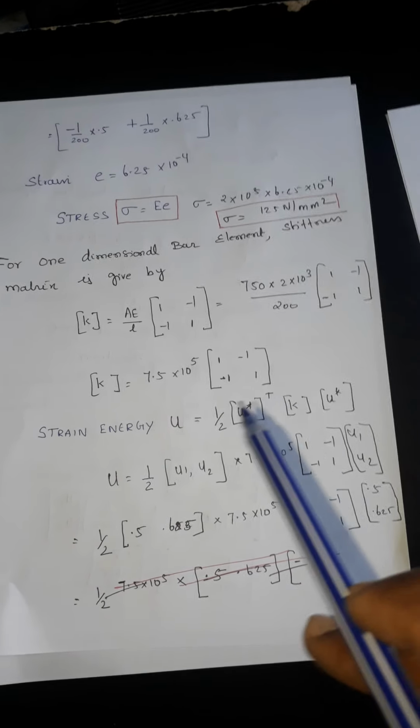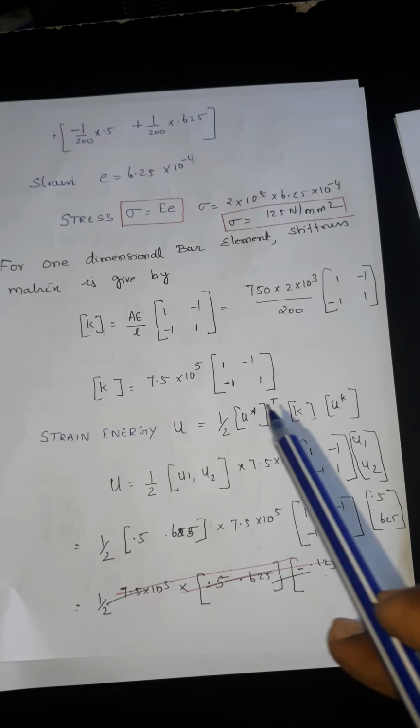You cannot multiply the two matrices directly, so the transpose of one displacement vector and the same displacement vector are multiplied with the stiffness matrix. So I take half into U transpose, this K you have found here, substitute this and this, and U. That means you get this value.